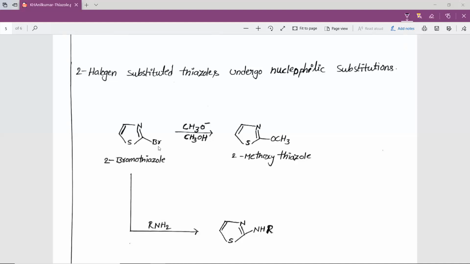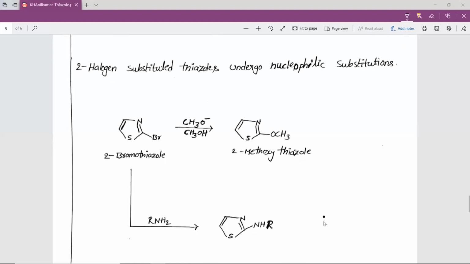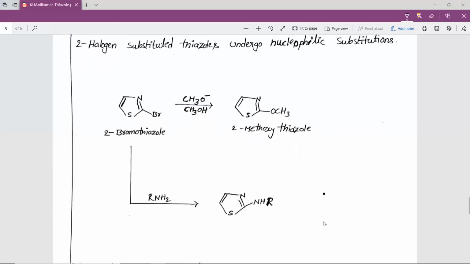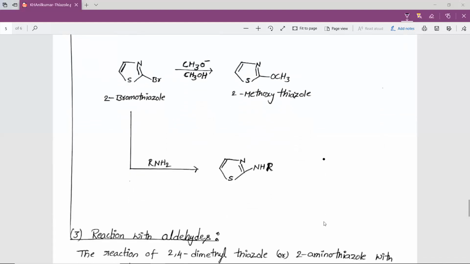It is displaced by the base, the methoxyl group. Similarly, a primary amine can act as a nucleophile and displace this bromine atom to form once again a 2-substituted thiazole.